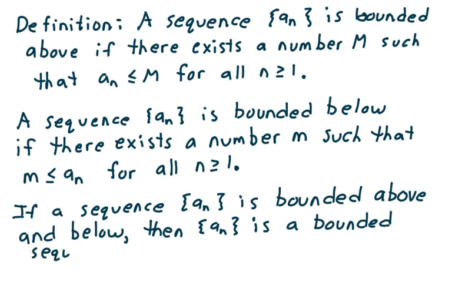So a bounded sequence has to be bounded from above and bounded from below. And I want to take you back to this example. So I'm going to let a sub n equal n squared.